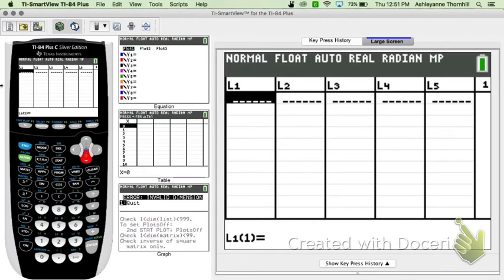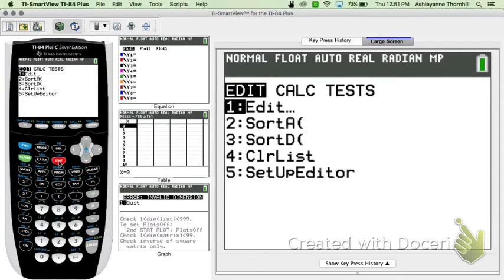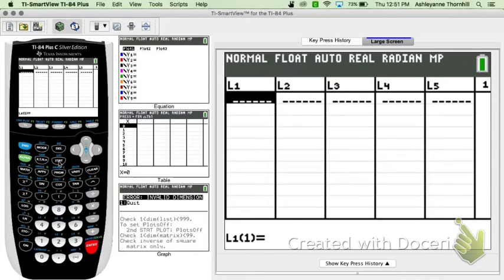So if you want to put data points in a calculator, you will go to Stat, Edit, and then in List 1, just type all of the scores.